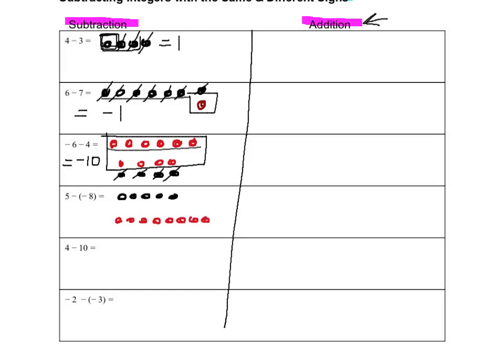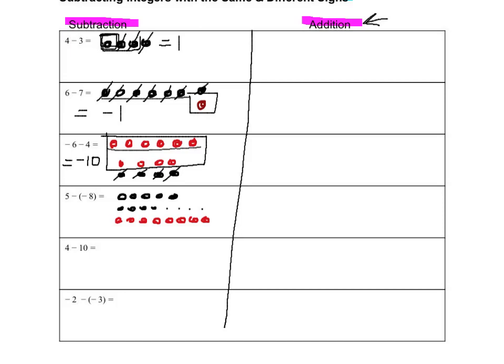And I can only add 8 red chips in if I actually add them as pairs of opposites. I'm going to make little dots, that's easier.